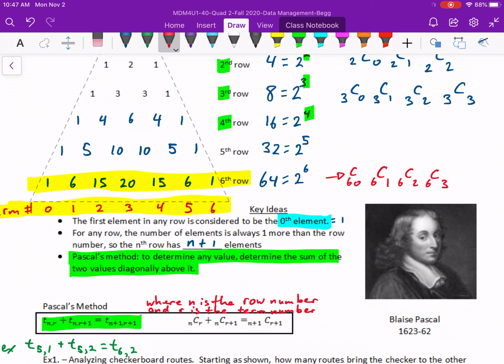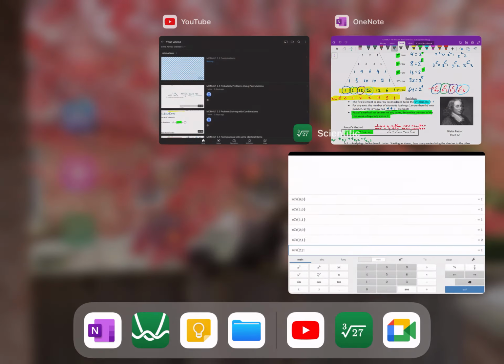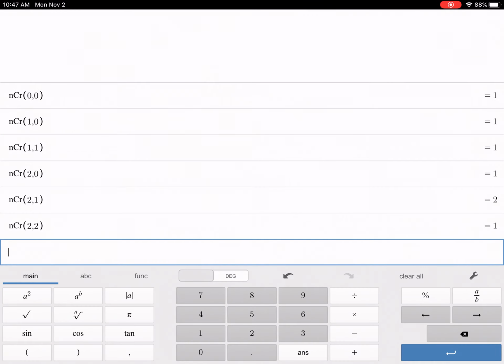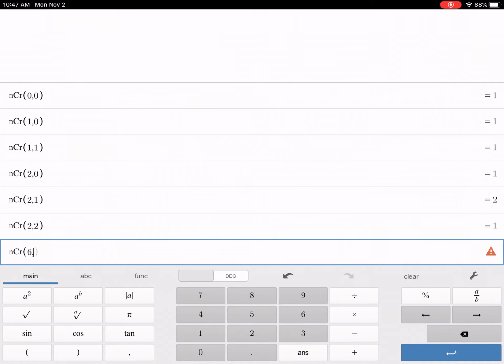Those are the first 4 elements of the 6th row. So this one green, purple, and baby blue. So we should get 1, 6, 15, and 20 by doing 6 choose 0, 6 choose 1, 6 choose 2, and 6 choose 3. Well, I got 1 for the first one. That worked.